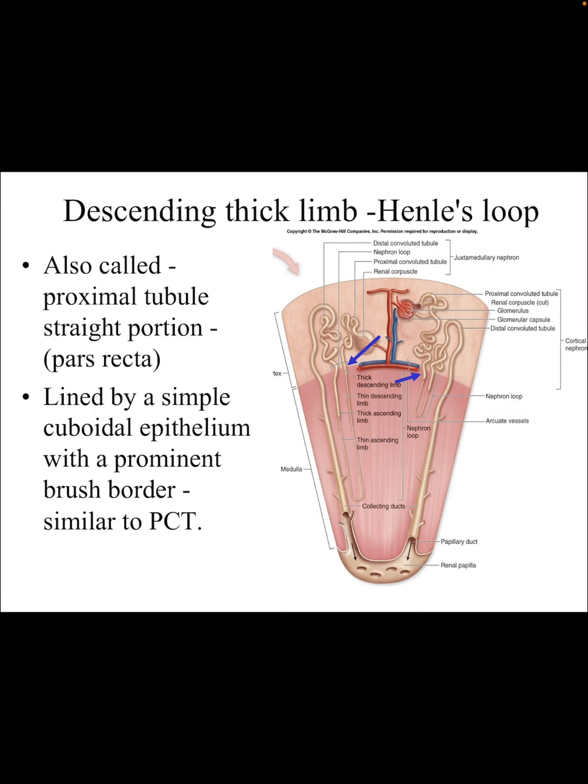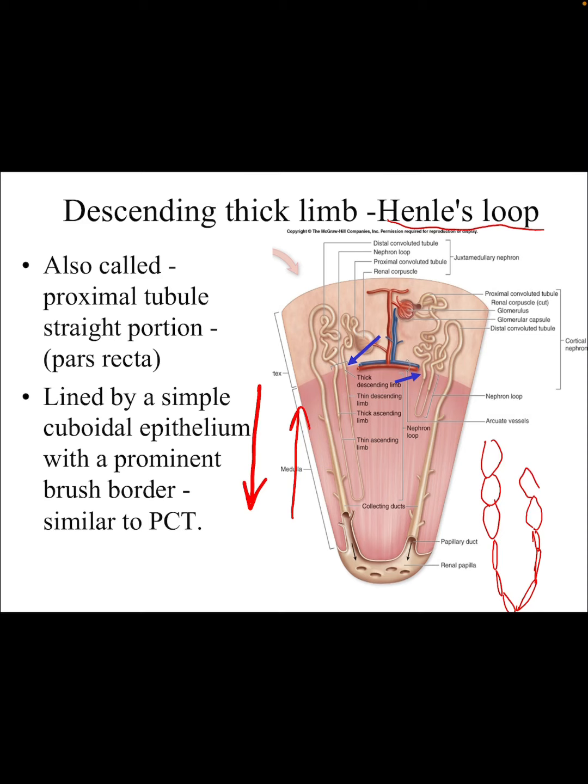So we reach the level of the loop of Henle. As I said, we have two portions. We have the descending portion and we have the ascending portion. And the descending portion and ascending portion, both of them divide into two portions. We have the portion that has the lining of simple cuboidal epithelium, and then we have the lining which is simple squamous epithelium.